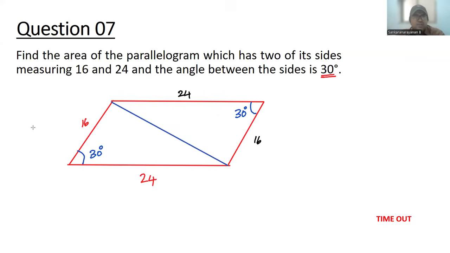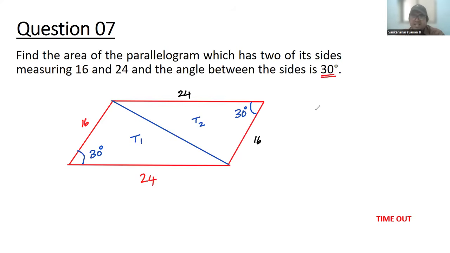And don't you see that this splits the given parallelogram into two equal triangles, two same triangles. I can call this triangle number 1, T1. I can call this triangle number 2, T2, right?